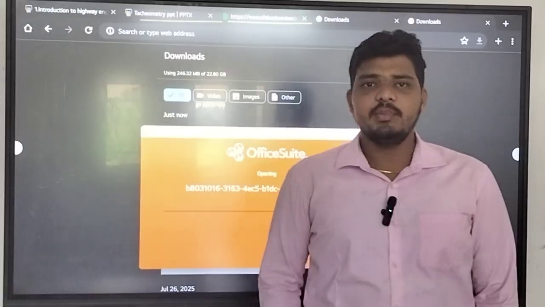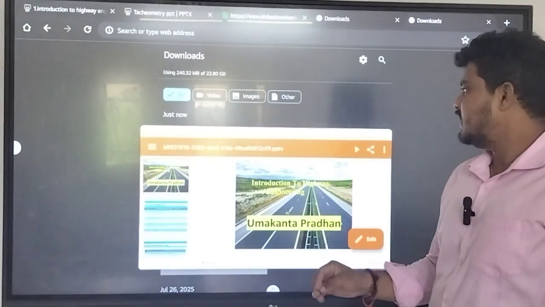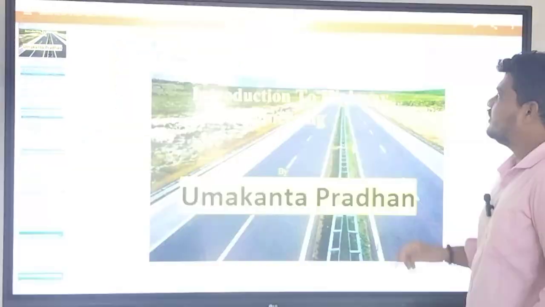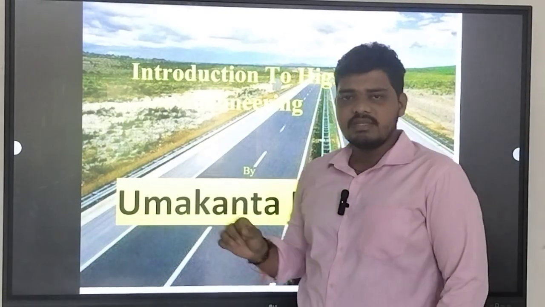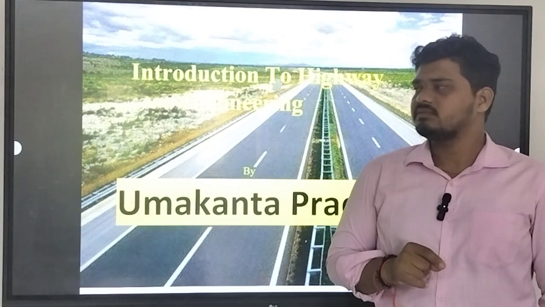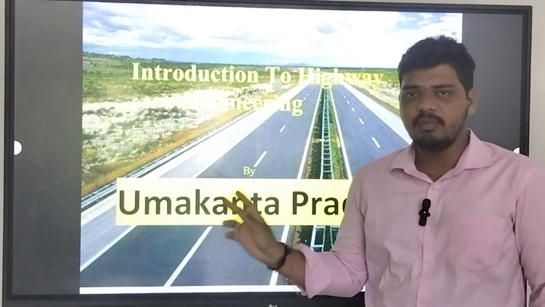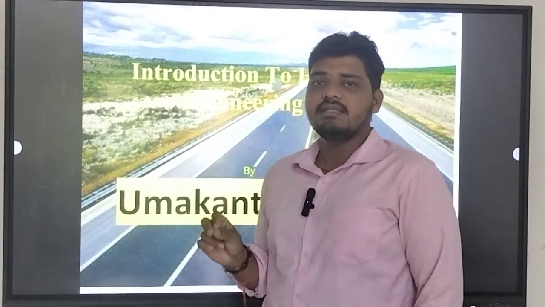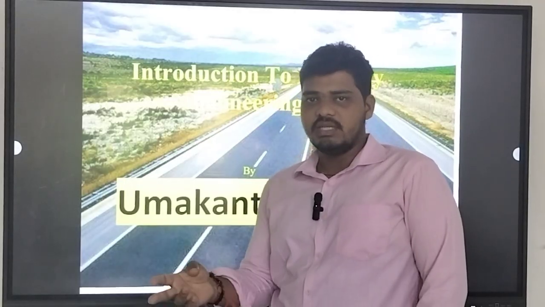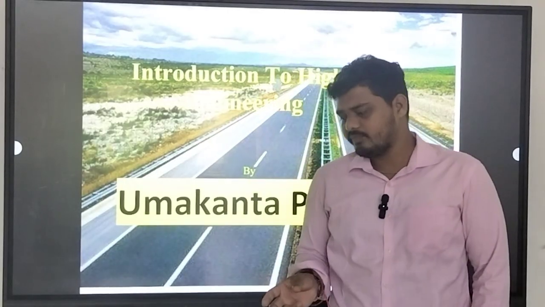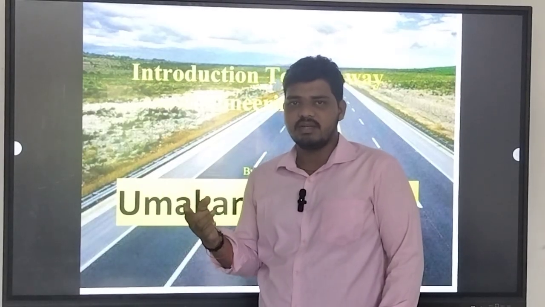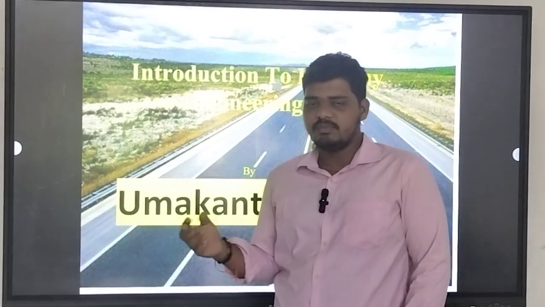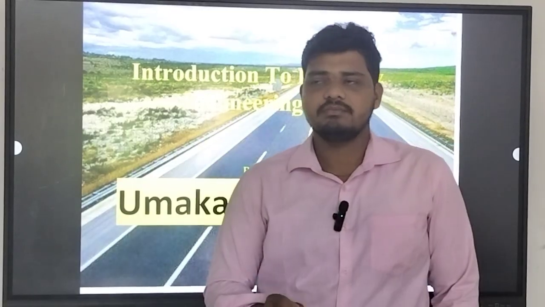We study the different types of material which are used in the construction of transportation engineering. Basically, two types of roads are there. First one is flexible pavement, another one is rigid pavement. Flexible pavement means we can say asphalt or bitumen road. Rigid pavement means concrete road.